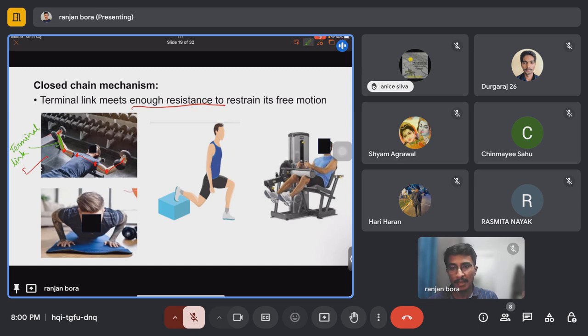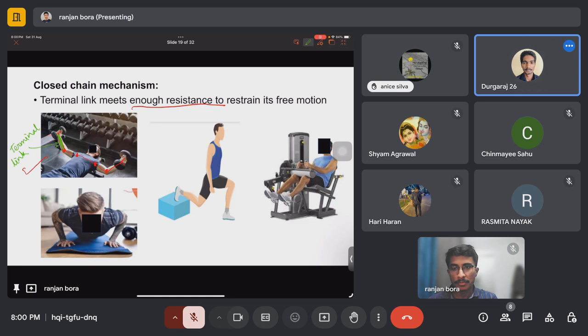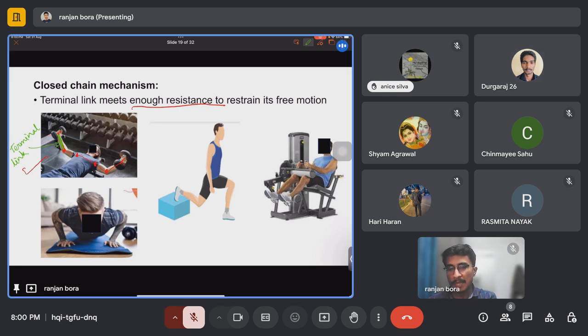Can it move freely, or will there be some constraint? Yeah, it can move freely. While holding the dumbbells you can do this motion, right? You can move the terminal link freely.